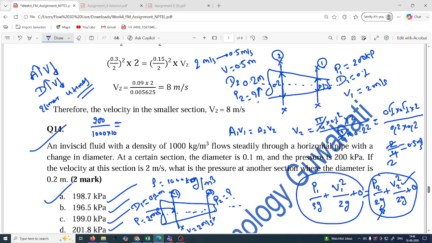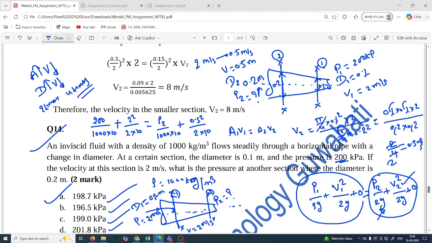Now V1 is given 2, plus 2 square divided by 2g, 2 into 10, is equal to P2, which we need to calculate, by rho g, plus V2, we have 0.5 square divided by 2g. And the answer we need in kilopascal, so I'll keep all your parameters the same, because P1 is given in kilopascal and we'll get P2 also in kilopascal, so no need to change here.